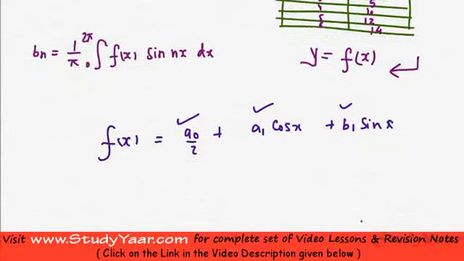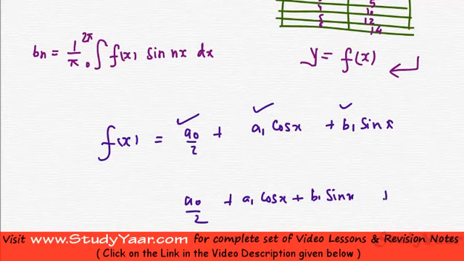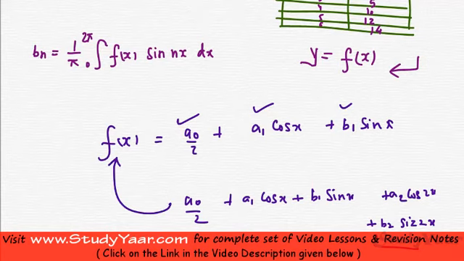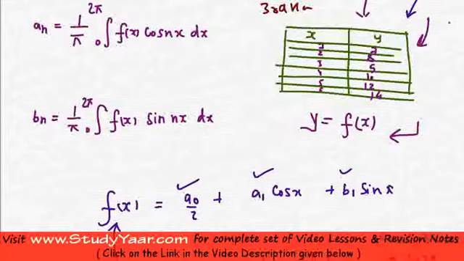Similarly, a0 by 2 plus a1 cos x plus b1 sin x plus a2 cos 2x plus b2 sin 2x, if you have this harmonic as well, you get much better accuracy and your function f(x) would be a much better fit for these values.